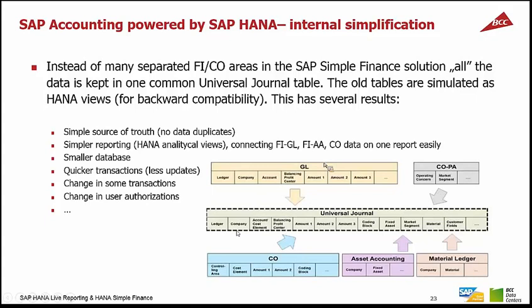With SAP HANA Live, you can find the limit of SAP HANA if you prepare very complex calculation views in SAP HANA Studio. But with the universal journal, the links between tables are much simpler.